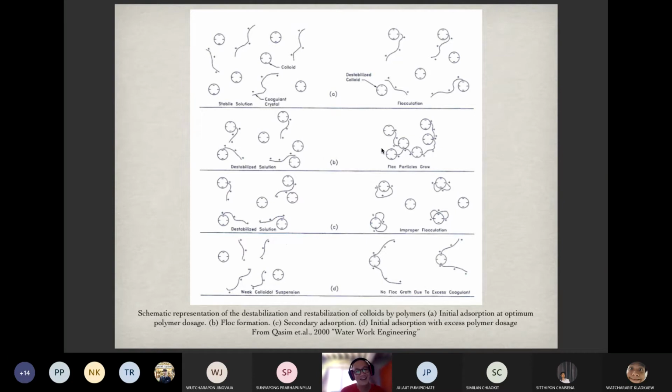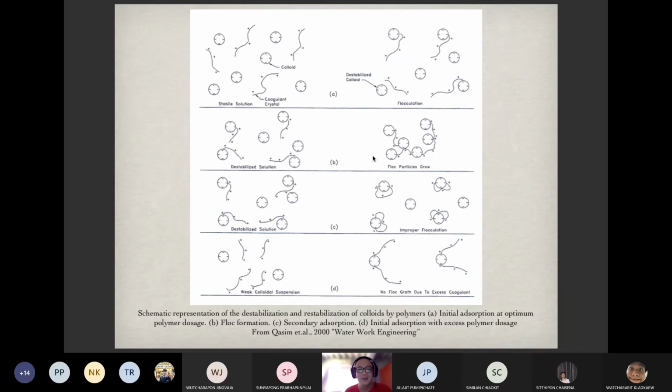So we only need gentle mixing. After adjusting the speed to be very high, we then reduce the speed to promote collisions among these particles.